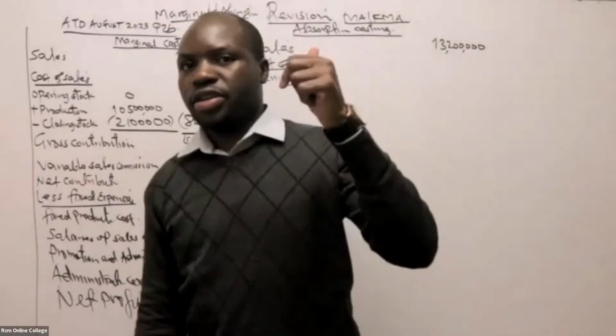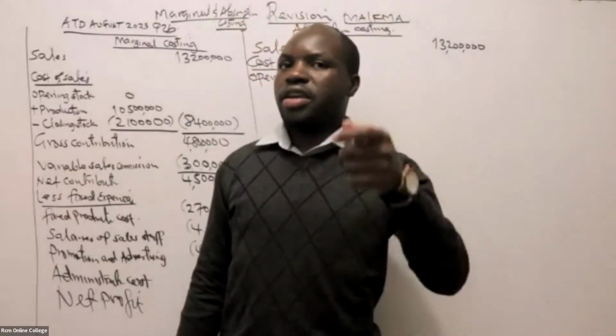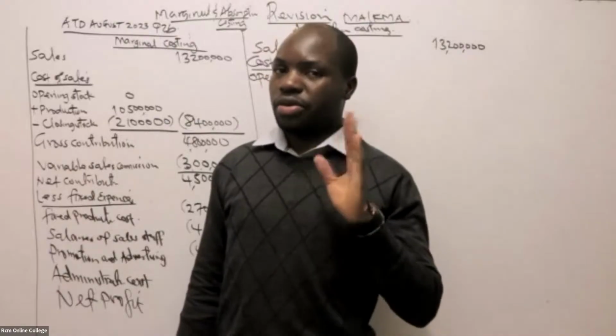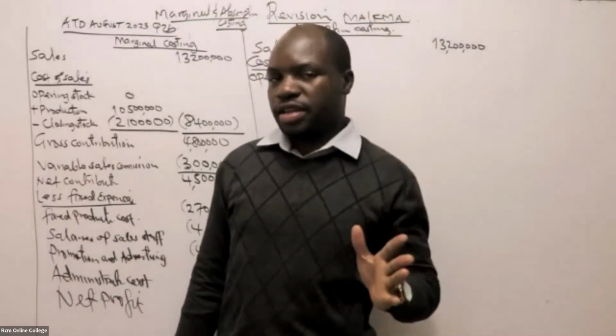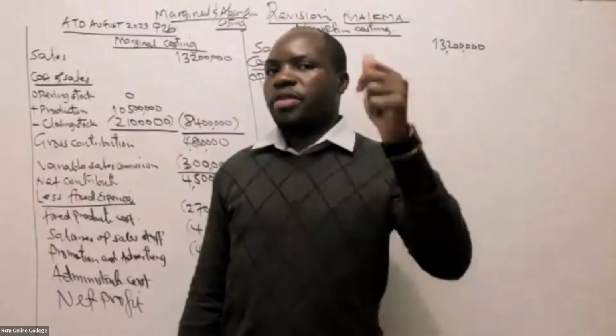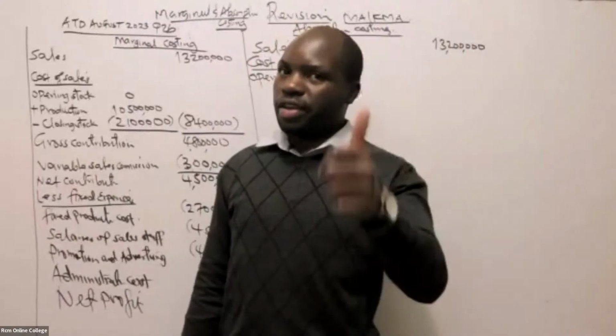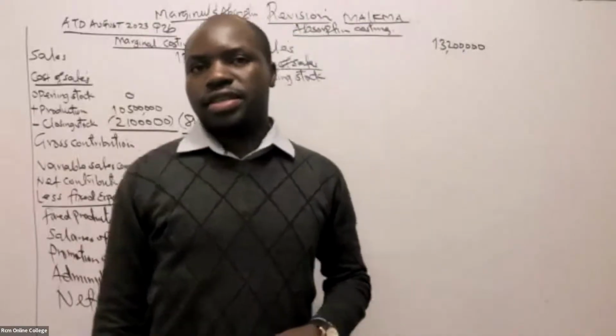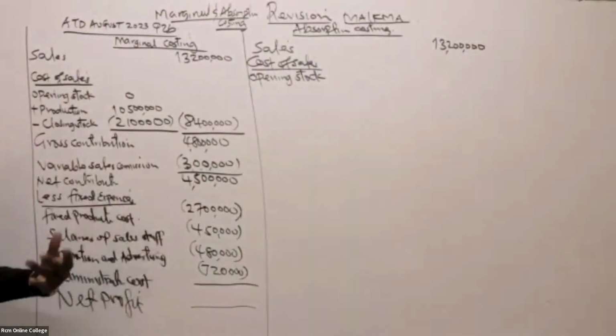We took direct material, direct labor, and variable production overhead. Under absorption costing, we used direct material, direct labor, variable production overhead, plus fixed production overhead per unit. So that's how we got the 350 and 440.